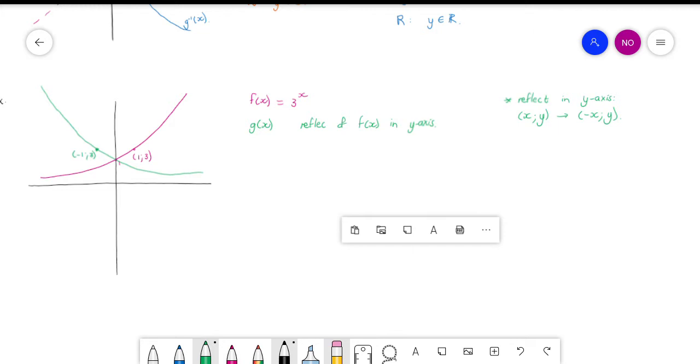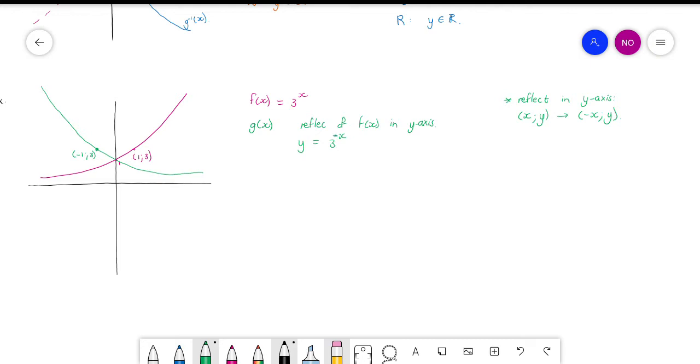Do you guys have that? Look, let's quickly get the equation of g of x. So do you agree, f of x is y equals 3 to the power x. Right? And when we reflect something in the y-axis, what happens to the x value? The x value becomes negative. Okay?